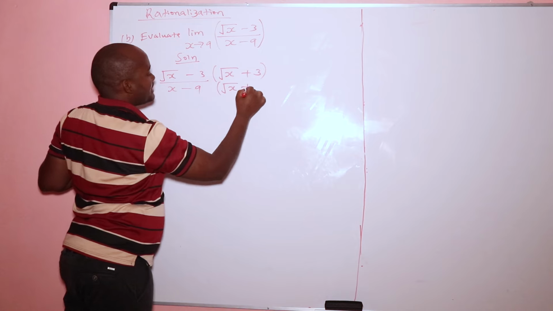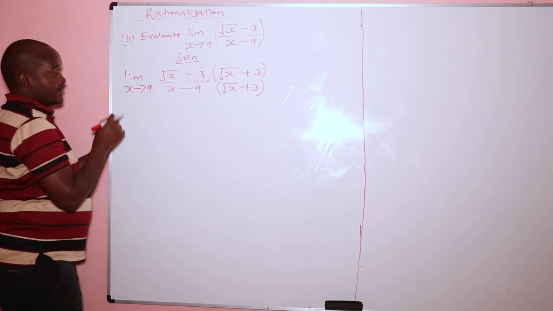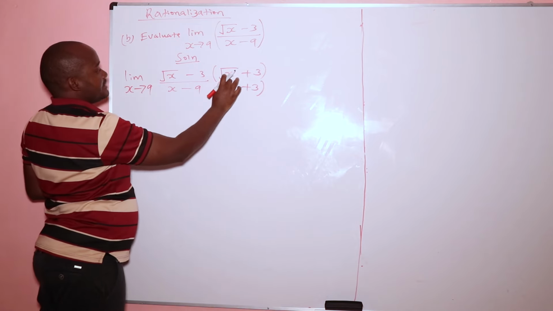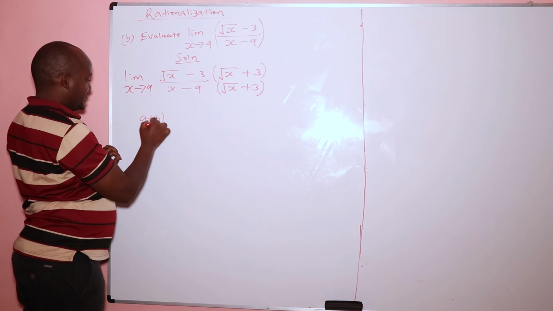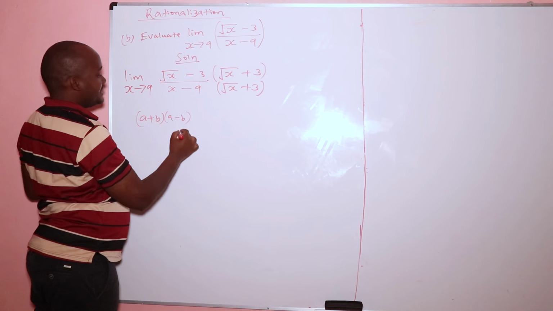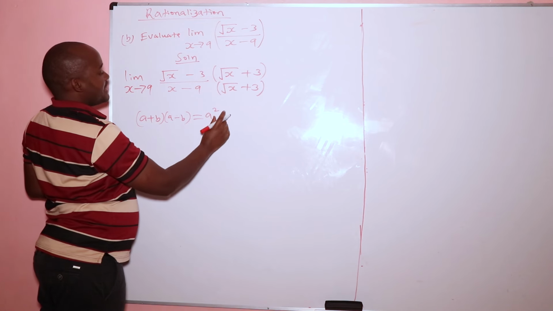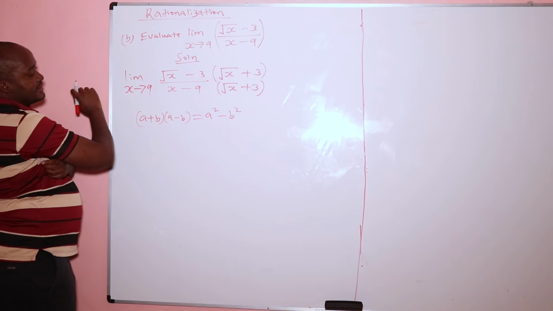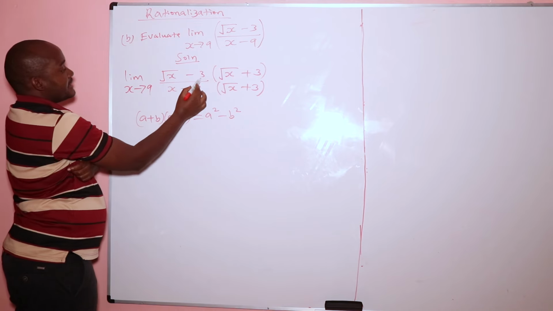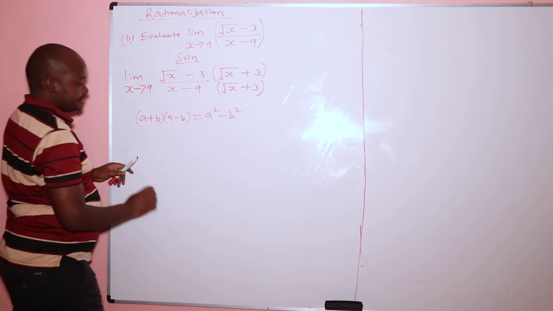Root x plus 3. So once you multiply this times this, that is the numerator, from this property here, a plus b multiplied by a minus b, which is going to give us a squared minus b squared. So this means that you just need to square this and square this. Then you subtract them.